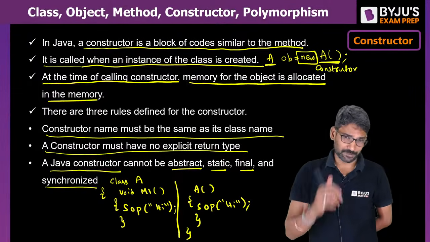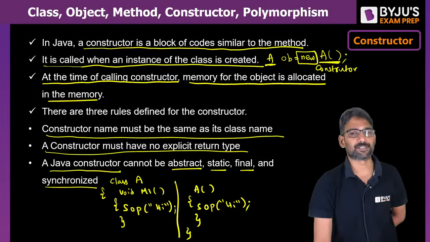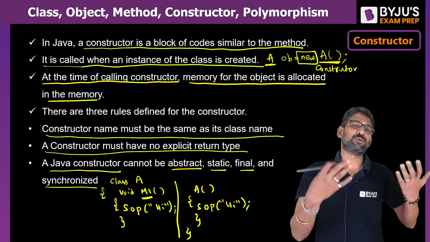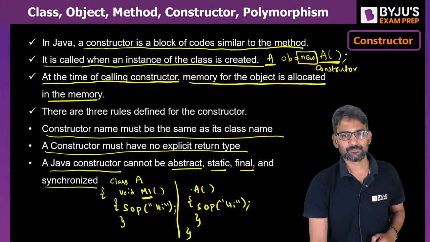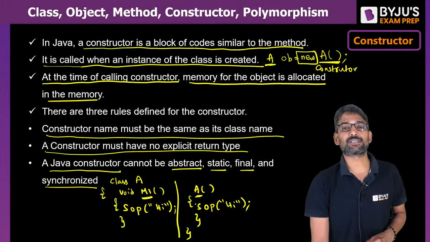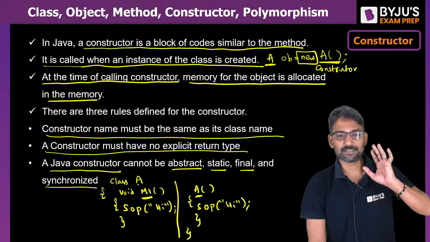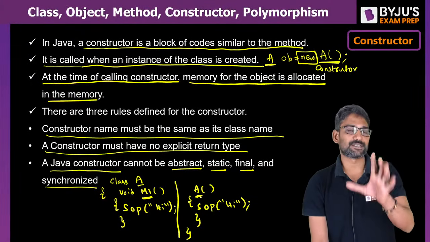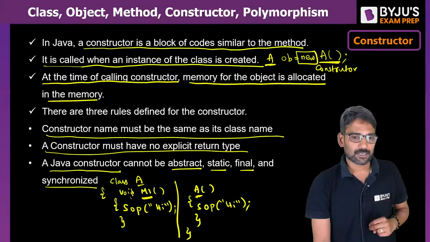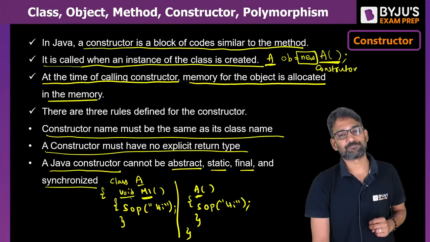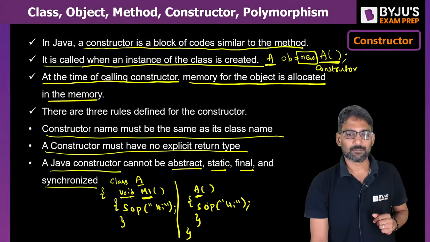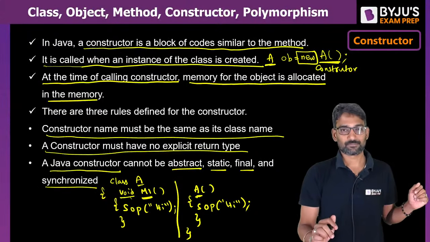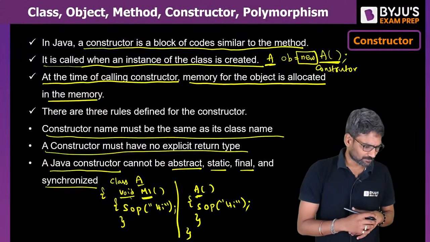But as you see, 2 differences you can clearly observe here. Here the name of the method is M1. If not M1, you can write any other valid name. But here the name of the constructor is the same as the class name. Class name is A, so the constructor name also should be the same. This is the first difference you can see. Second difference, I have written a return type for the method. It returns nothing, no specific type. But you can't write any return type for a constructor. Two differences you can clearly observe here.